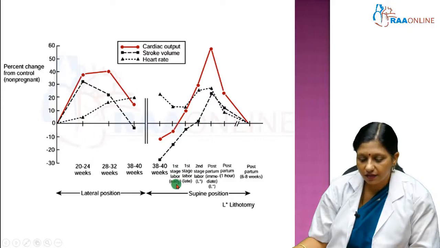After the delivery, in the first stage of labor, again there is a rise in the cardiac output. In the second stage of labor, the cardiac output is high. Immediately in the postpartum period, the cardiac output is maximum, and in the 6 to 8 weeks following the delivery of the baby, the cardiac output returns to normal.